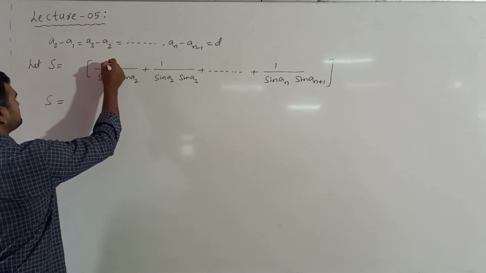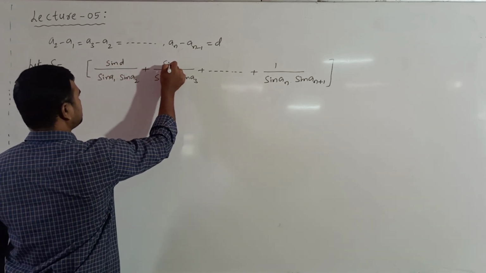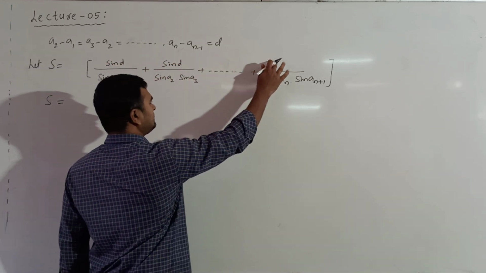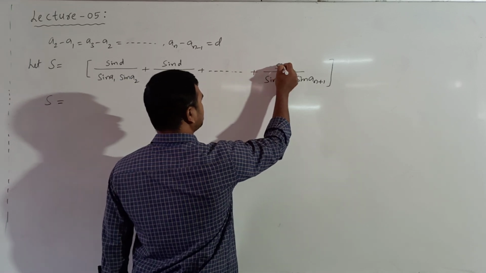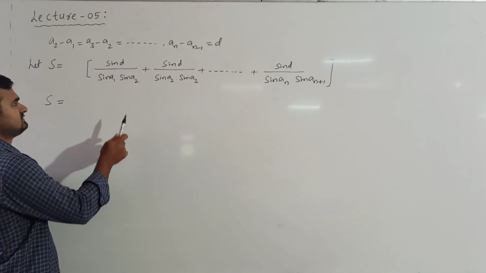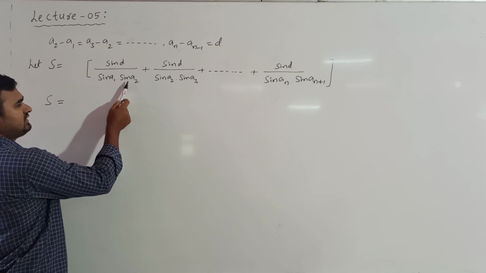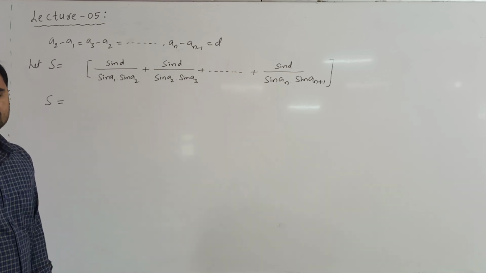So here we get sin d, and here also we get sin d, and so on. Here we get sin d. Now what we do is, this d in the numerator we can write in terms of denominator terms.